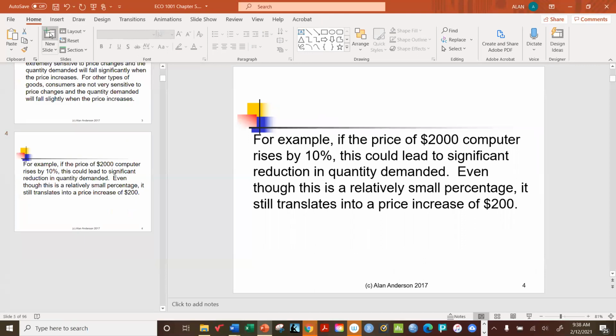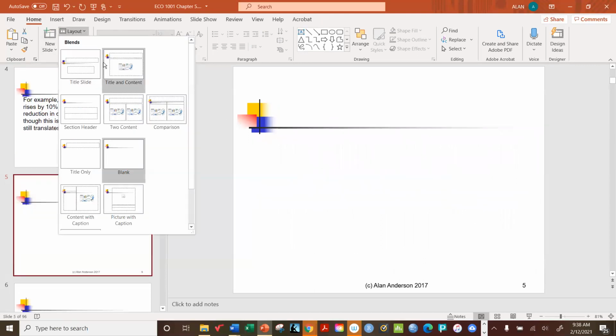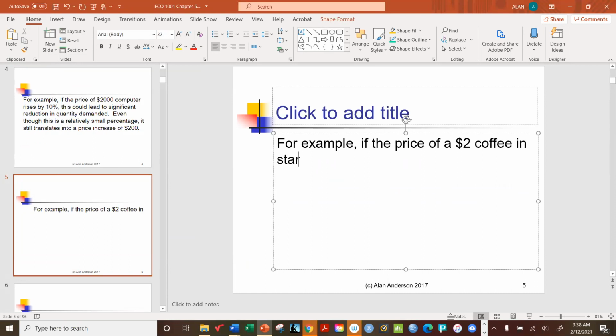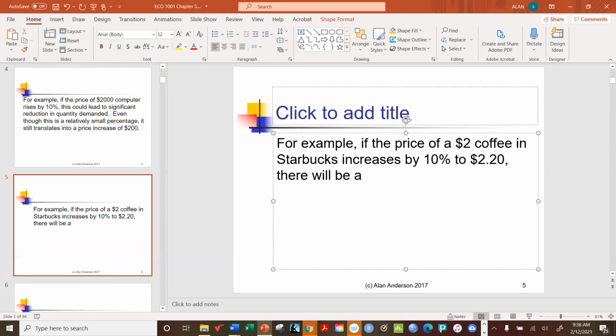On the other hand, let's say that if the price of a $2 coffee in Starbucks increases by 10% to $2.20, there will be a very small reduction in the quantity demanded.